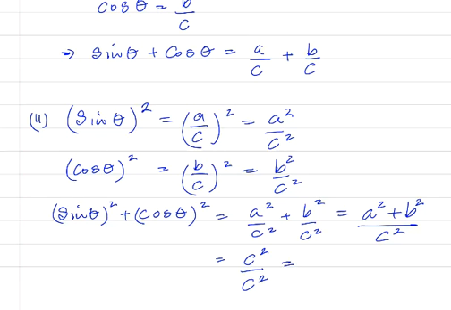So A square plus B square is equal to the hypotenuse square, which is C square. And C square divided by C square is equal to 1. So therefore, sine theta square plus cos theta square is equal to C square divided by C square, which is equal to 1.